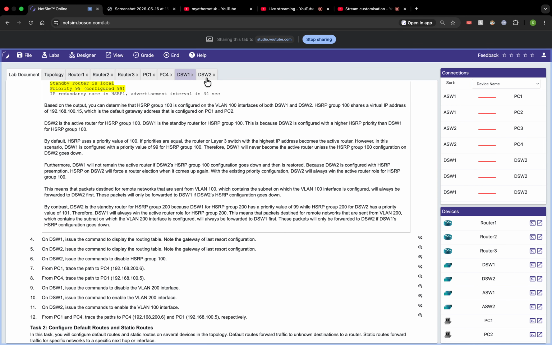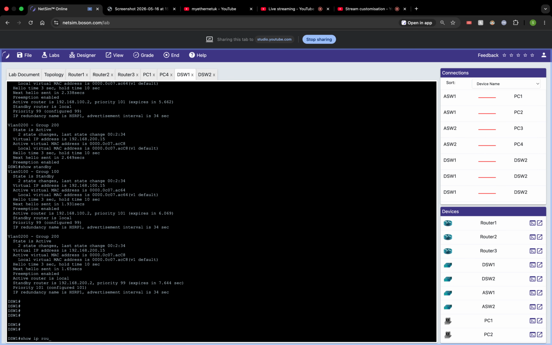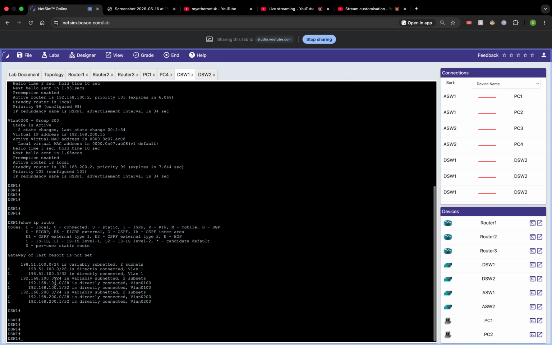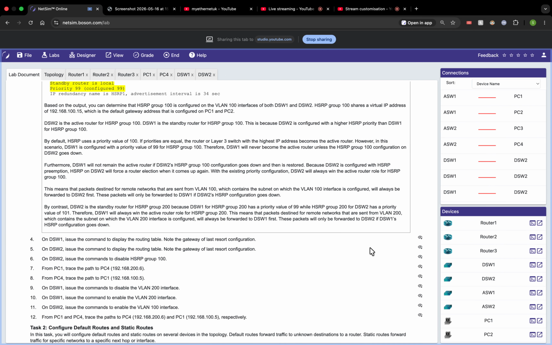By contrast, DSW2 is the standby router for HSRP group 200 because DSW1 for HSRP group 200 has a priority value of 99, while HSRP group 200 for DSW2 has a priority value of 101. Therefore, DSW1 will always win the active router role for HSRP group 200.